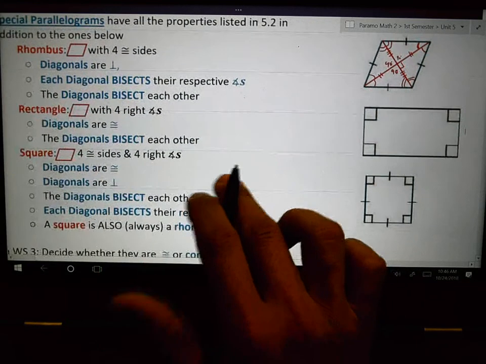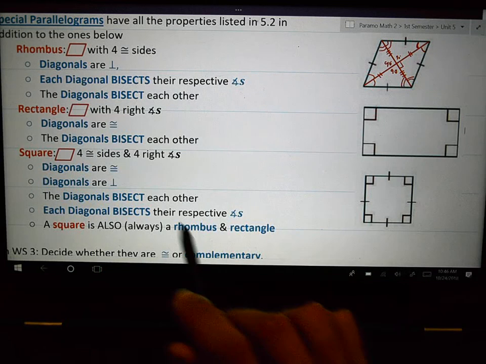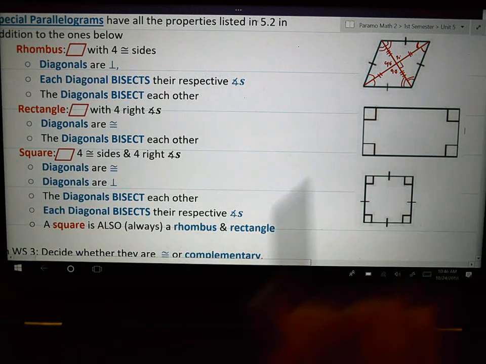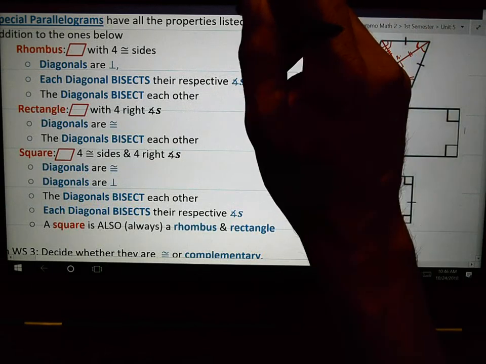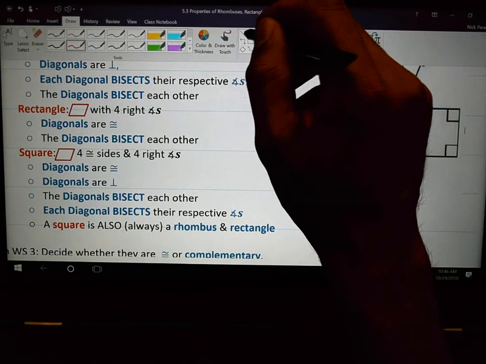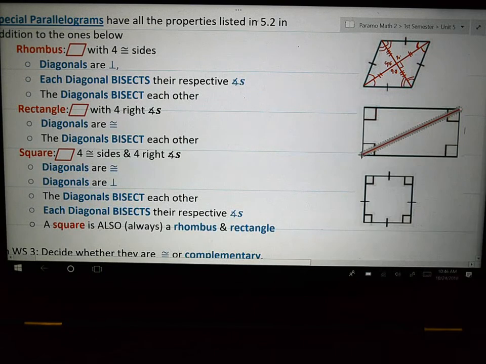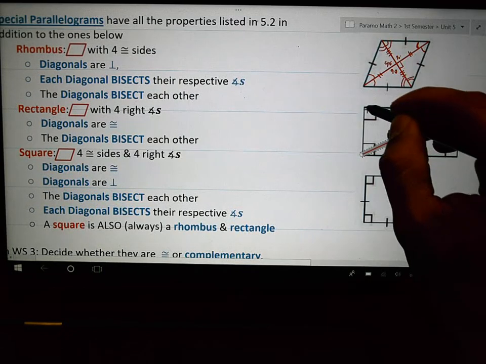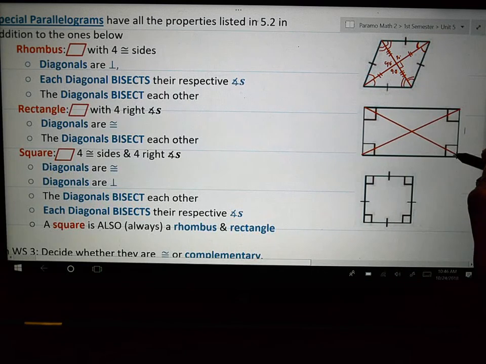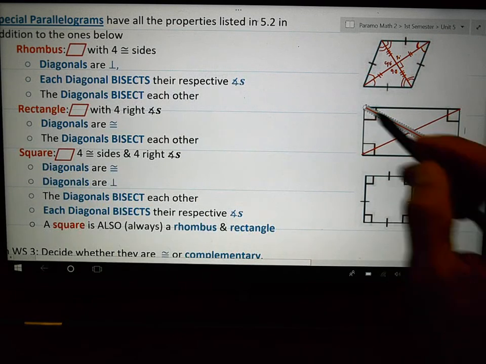Definition of a rectangle is it has four right angles. 90, 90, 90, 90. It has to be a parallelogram with four right angles. The diagonals are congruent. So if I were to take the same thing I did before and actually connect this diagonal to that diagonal, this other diagonal to that diagonal, those diagonals are going to be congruent.